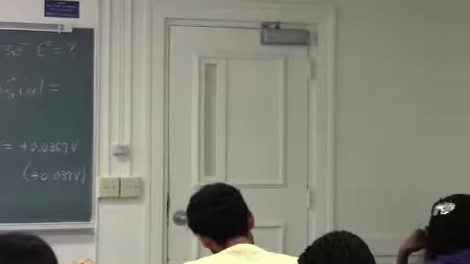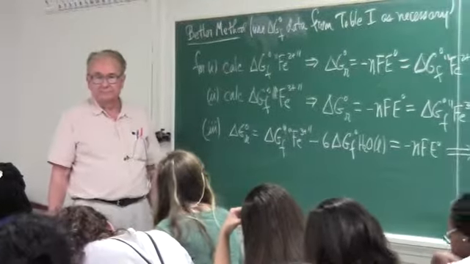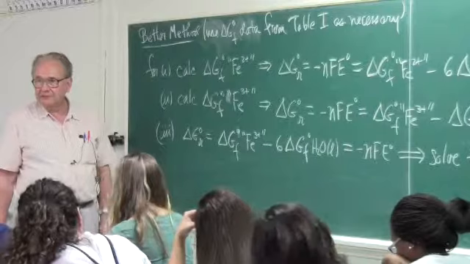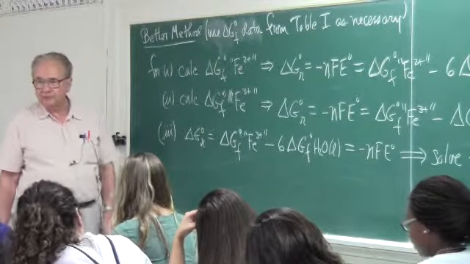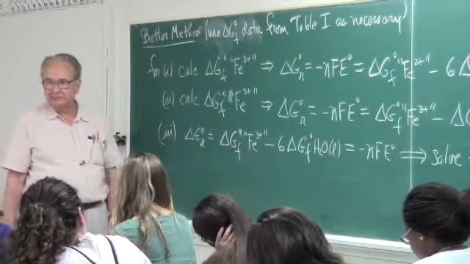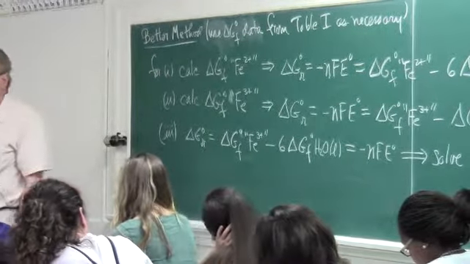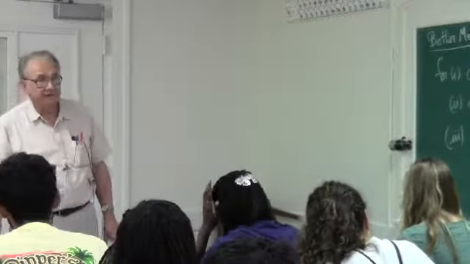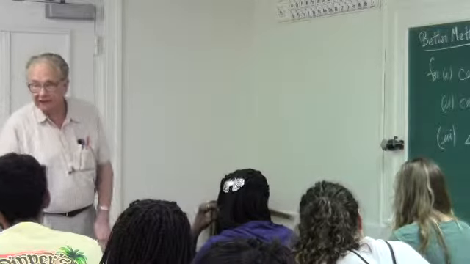Now, back to this. If you look in Table 1, you will find out that delta G sub F super 0 for hydrated iron plus 2 as well as hydrated iron plus 3 is not contained in Table 1. How could we get this information, if indeed we're going to get at E0 for this derived half reaction?